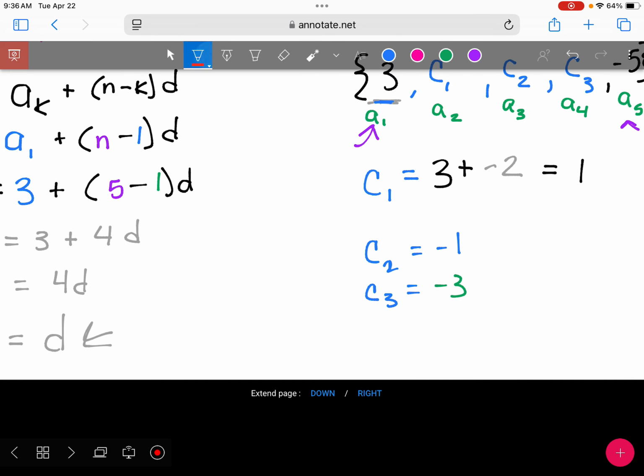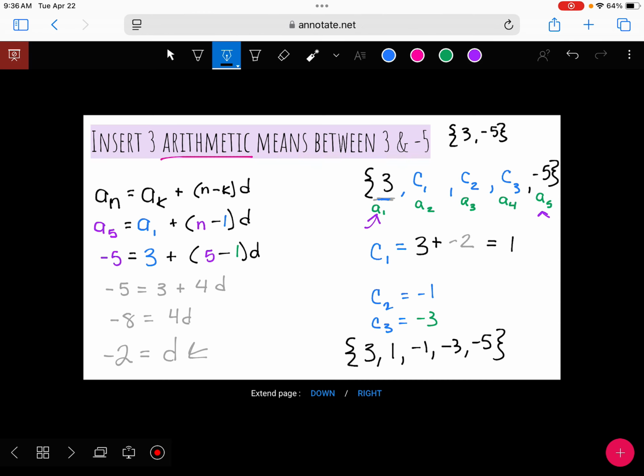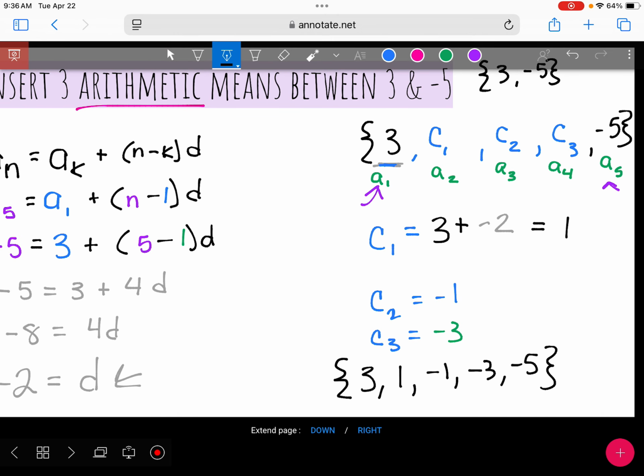It puts these all into order and makes this an arithmetic sequence. Why do I keep switching those two in my head? 1, -1, -3, -5 is our new sequence. So that's what it means when it says insert arithmetic means.